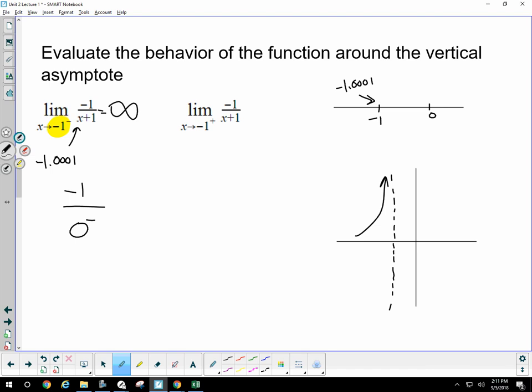Okay, do the other side. I'm going down. Cool? Not that bad.